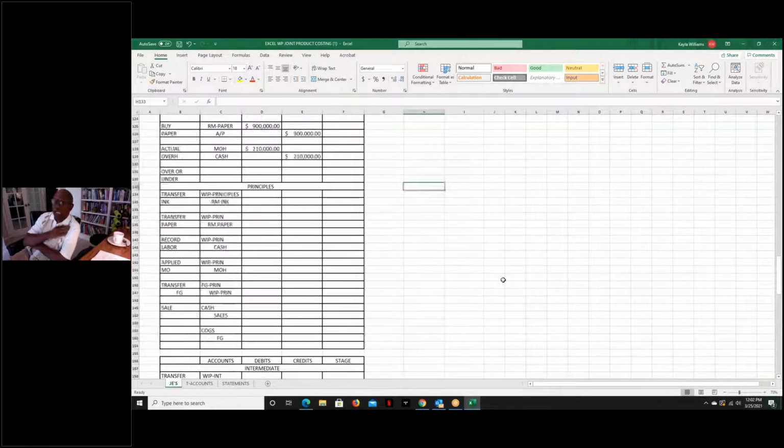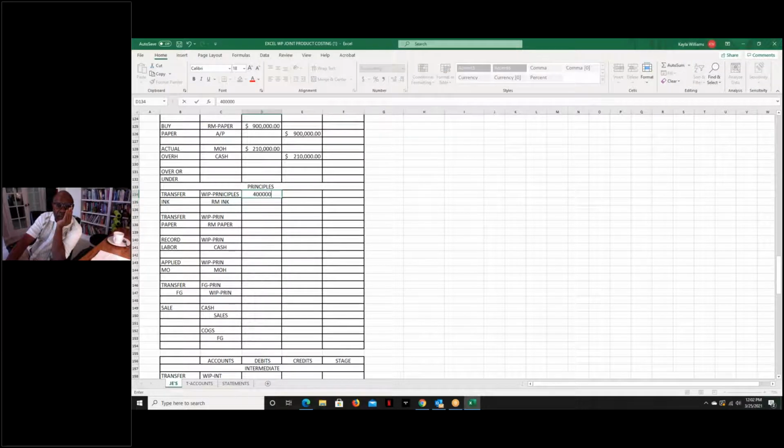And the other team, get ready. So we're going straight to the transfer, which is 400,000 for ink, and then 200,000 for paper.